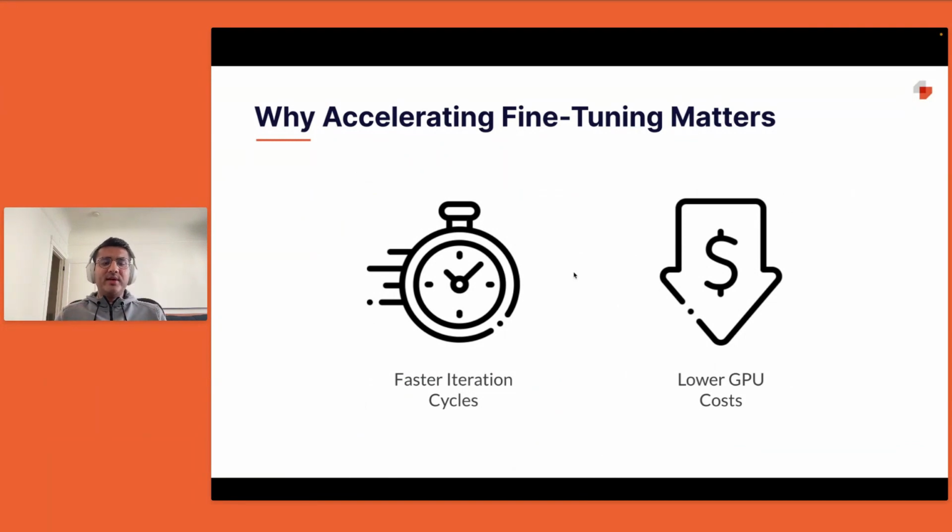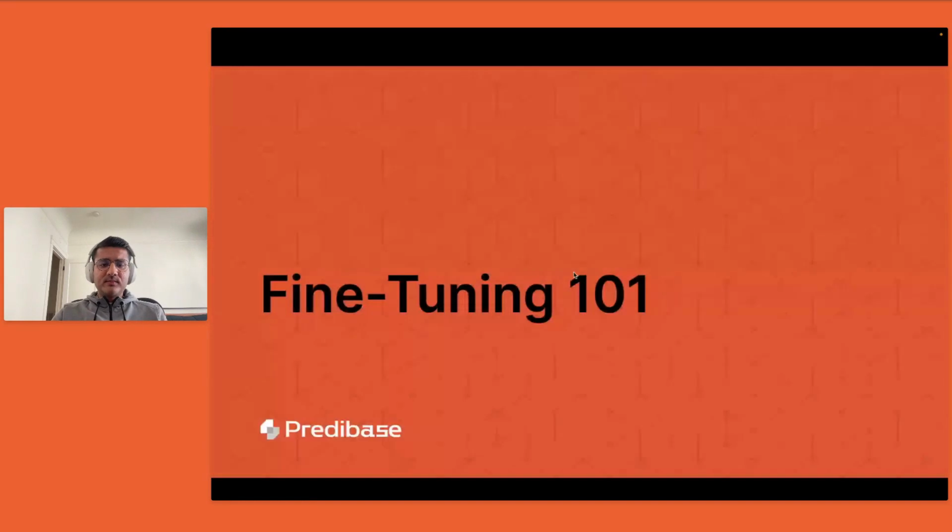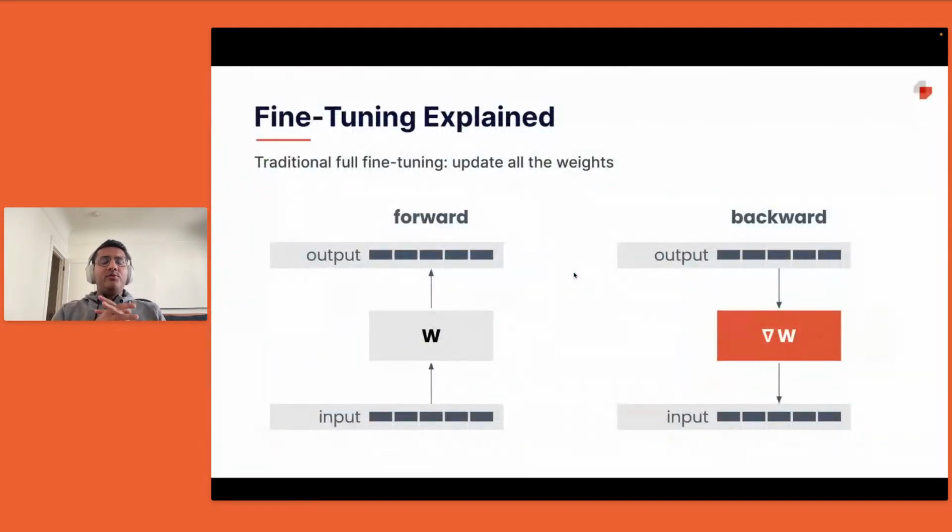So the webinar today is mostly geared towards figuring out how we can accelerate these fine-tuning jobs. But before we dive into how we can accelerate, it might be worth looking into how fine-tuning works once again. So traditional fine-tuning for any model, not specifically large language models, follows this paradigm of forward and backward passes in deep learning, where you have a set of inputs, in this case for LLMs, free text, that gets tokenized and passed through the weights of the model, and then it produces an output, which is just the probabilities for the next token.